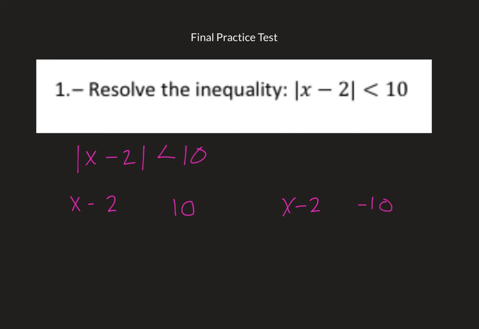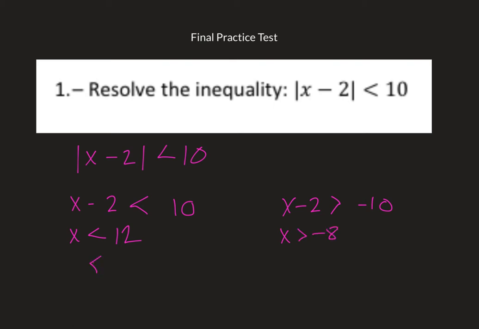In this case, the x minus 2 will be less than 10, and on the right side, it's going to be a greater than 10 because we multiplied that 10 by a negative, so we must flip the sign. So on the left side, add that 2 over, we get x is less than 12. Here we add the 2 over, x is greater than negative 8.